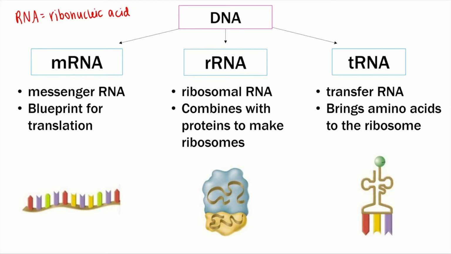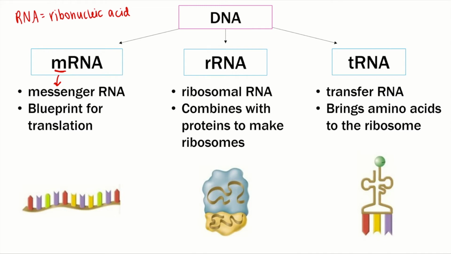So we can see our three different types of RNA here. Our first is mRNA. Now this M is going to stand for messenger. So our mRNA molecule, which we can see down here, is going to be our blueprint for translation. This will contain the instructions needed to make specific proteins.